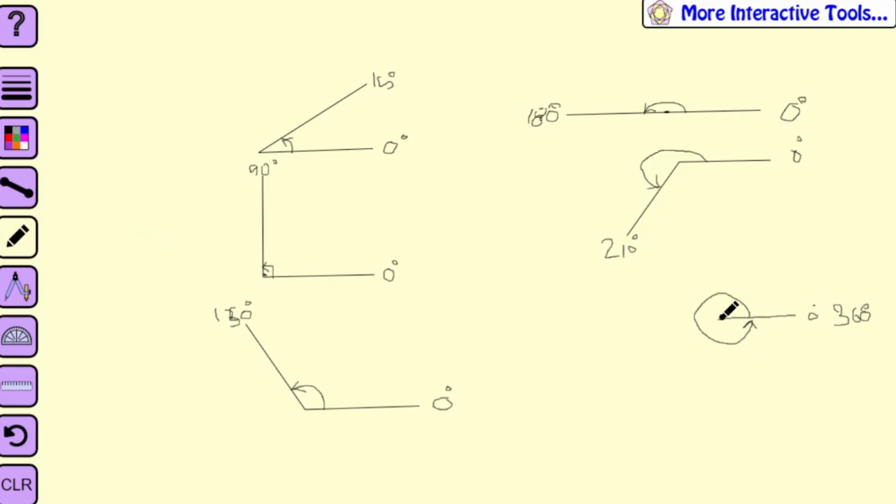The vertex would be right here, and as you can see the angle goes all the way from the right going all the way back to the right, so 0 to 360. It's the same for the straight angle. We have a vertex there, vertex here. This is where your lines, rays, or arms meet.